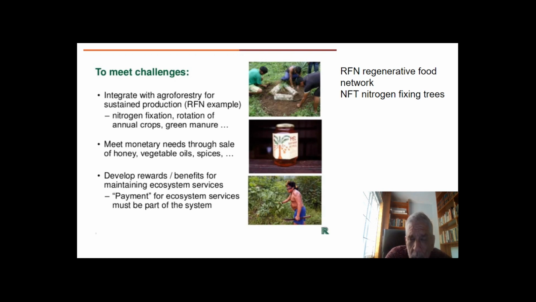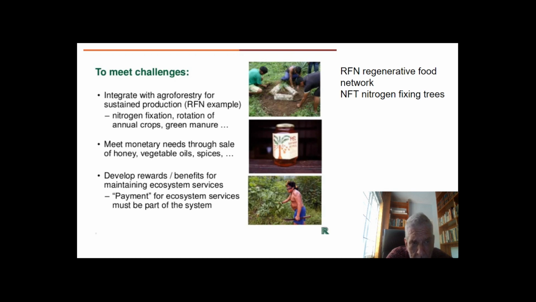So it contains more nutrients for plants to grow in. So for this thing, both are nitrogen fixation, rotation of annual crops on green manure, simply regenerating soil so that it can become forest again.